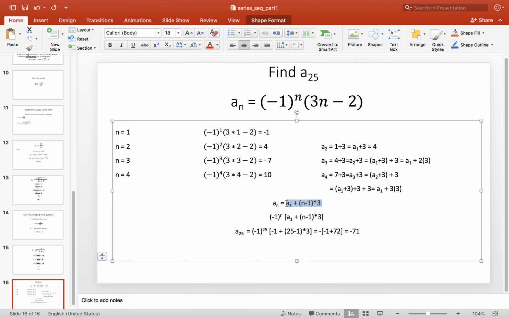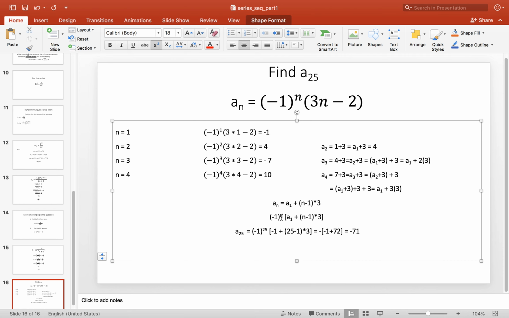But that's not the full answer. Remember, I ignored all the negatives, and I've got to bring them back. You don't just throw it away, you've got to bring it back. Anytime you see a sequence with alternating signs, negative, positive, negative, positive, you always have to use this right here. The way it differs is whether you use n or n plus 1 or 2n. It depends on the specific sequence.